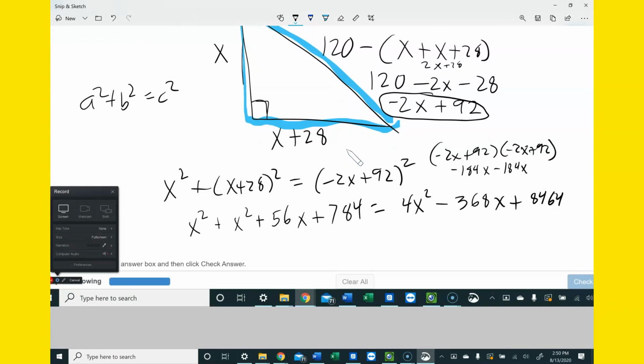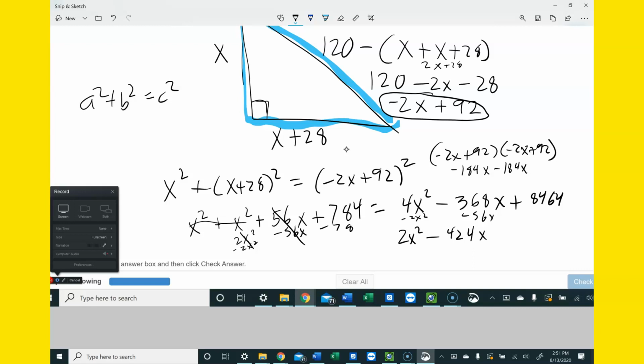Alright, let's combine some like terms. That's going to be 2x squared. Move it over there. Subtract it over here with the squared, and that's going to give me 2x squared over here. Then I'm going to move the 56x over here. That's going to give me a minus 424x.